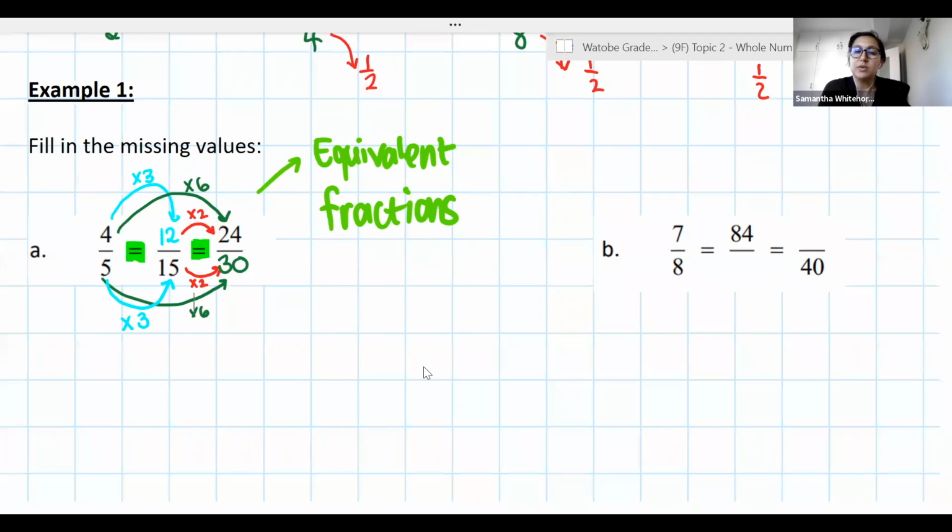So as we go from one fraction to the next, we're asking ourselves, okay, if we go back to the first one, if we compare the first fraction and the second fraction, both of them have a denominator. So what did I times the 5 by to get 15? Well, I times it by 3. So if I do the same thing in my numerator, I will get an equivalent fraction. So that's what we're trying to do here in our first example.